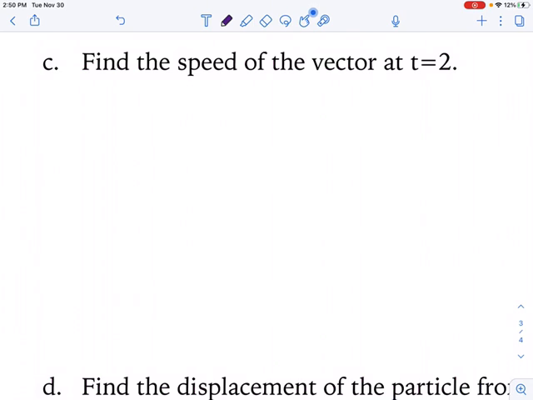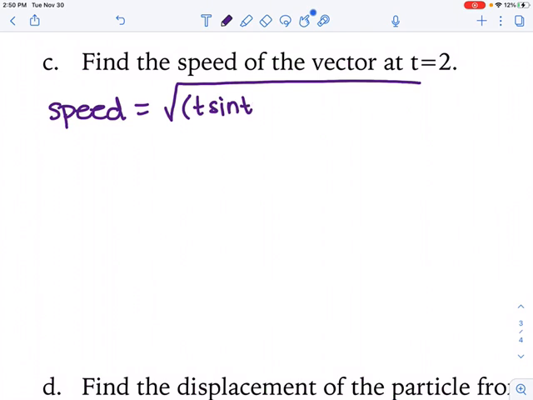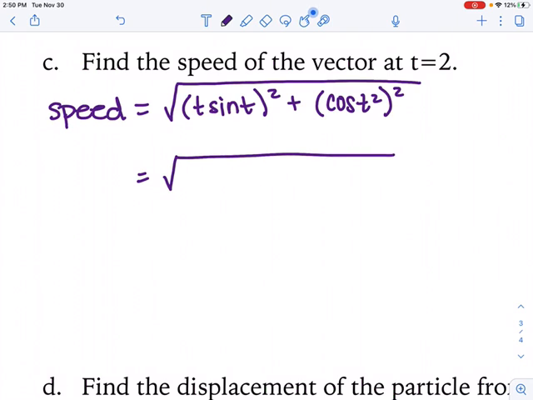Okay, so we know that speed is the square root of dx/dt squared, so t sine of t squared, plus dy/dt squared, so cosine of t squared, squared. So if we want the speed at 2, we're going to have 2 sine of 2 squared plus the cosine of 4 squared.